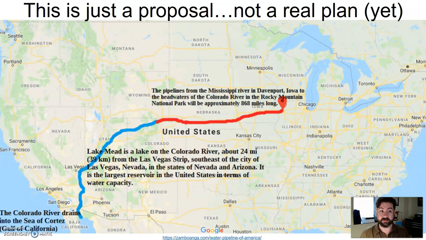Again, it's a proposal. It's not a reality yet, but it very well could be. So the proposal is piping from Davenport, Iowa, 868 miles away just to get to the Colorado River, which will then feed back down to Arizona, replenish some of those low lake levels.